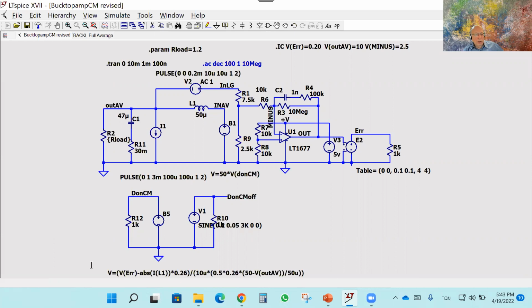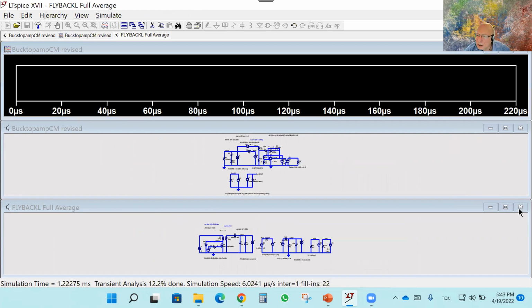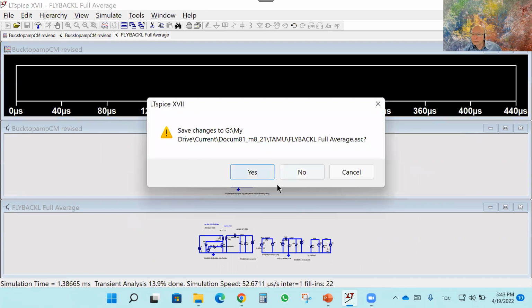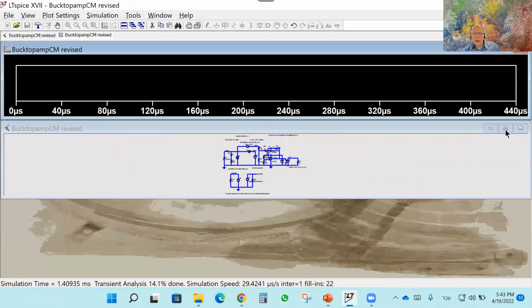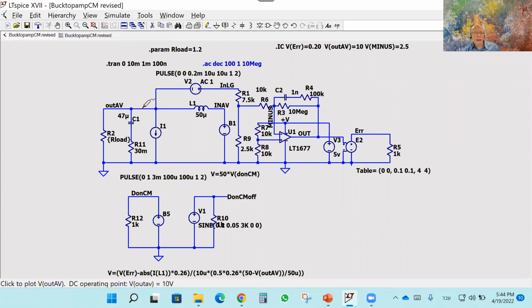And it takes a little while. Okay, and well, this one I close actually. Here, I'll open it. And I'm going to look at how this step is affecting the output, how it is affecting the output of the compensator, and how it is affecting the actual duty cycle.